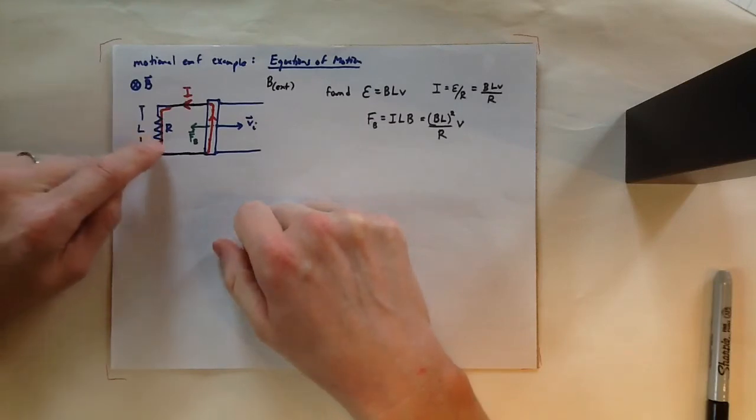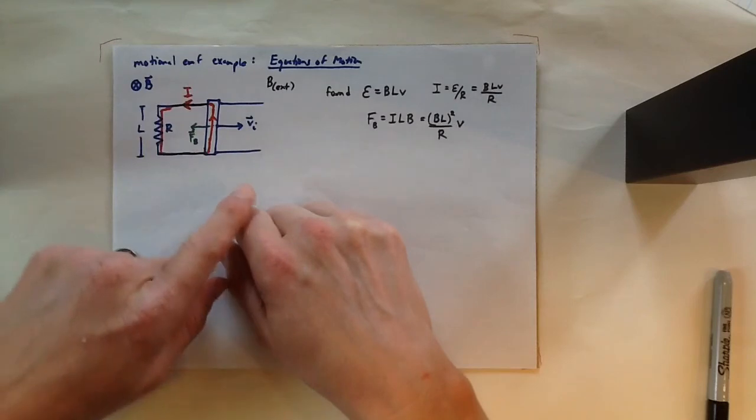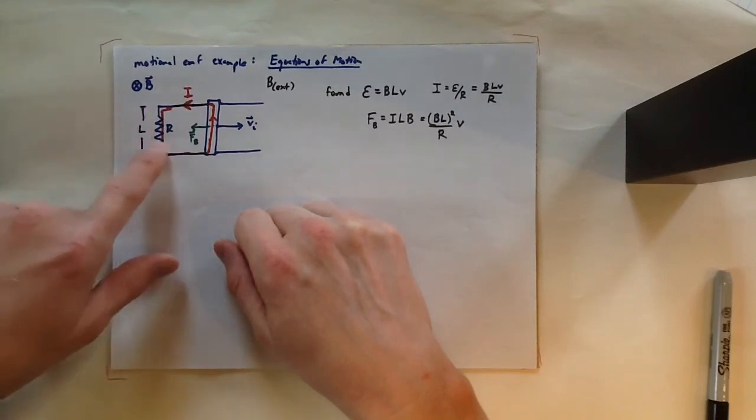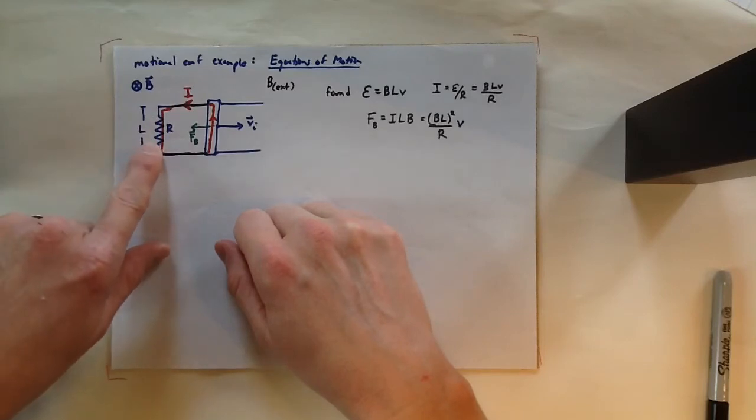That's I, by I I mean I induced, of course. And then the L is this dimension, and we'll say that this entire conducting loop has a resistance R.